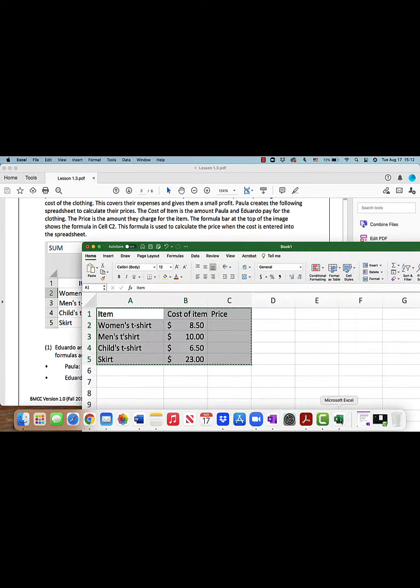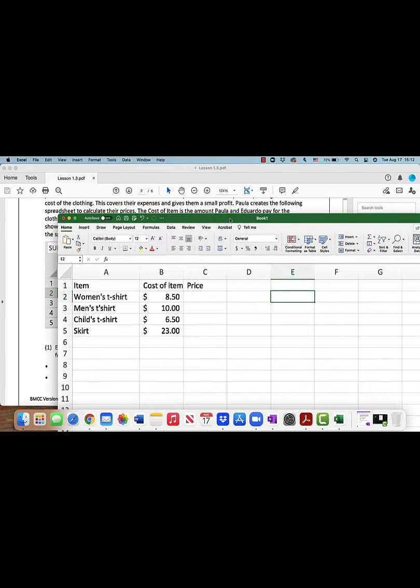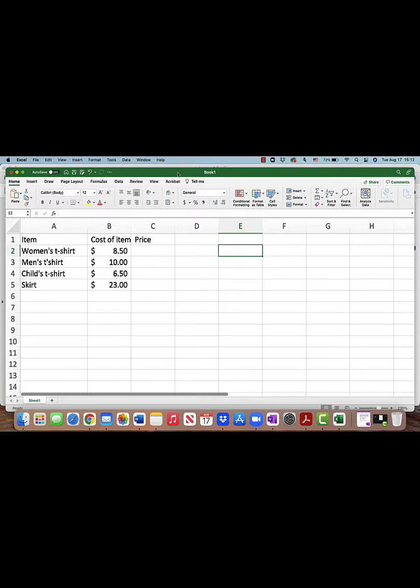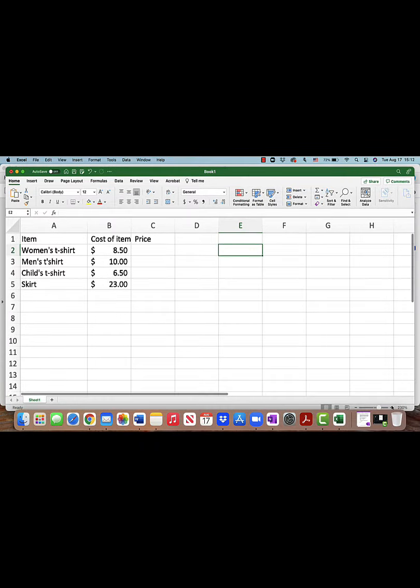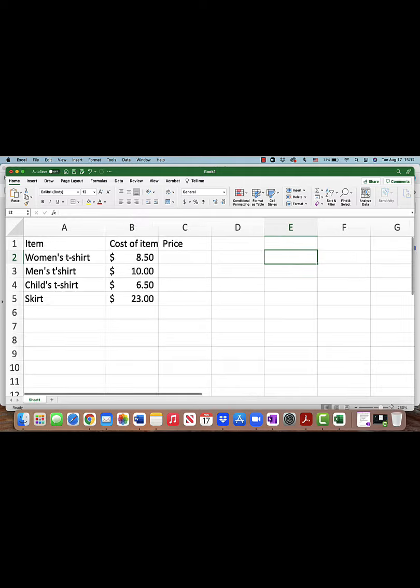Okay, all right, so let's go over it. So I'm opening up the Excel. I copied it here. I can zoom in a little bit more. We're going to enter the formula that Paula is proposing, which is taking the amount here, B2, and adding 0.65 times that same B2.